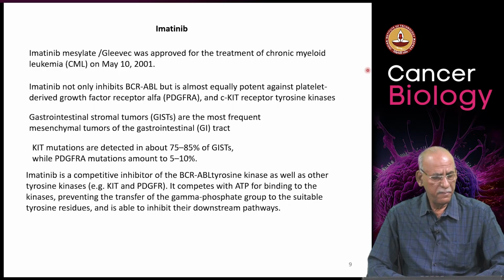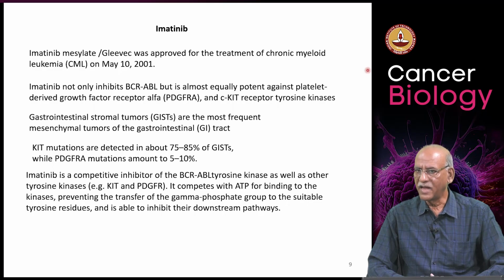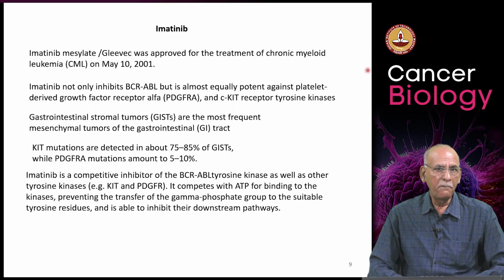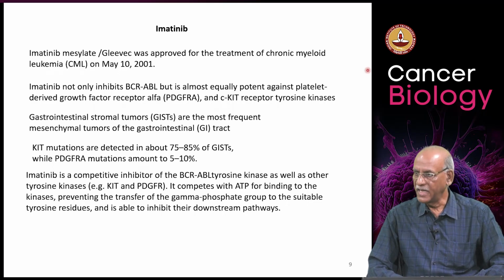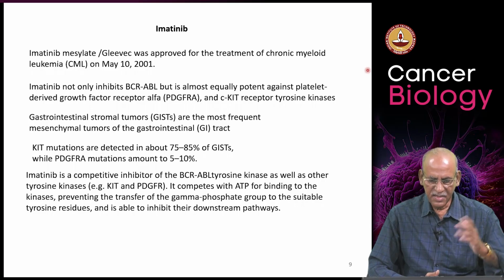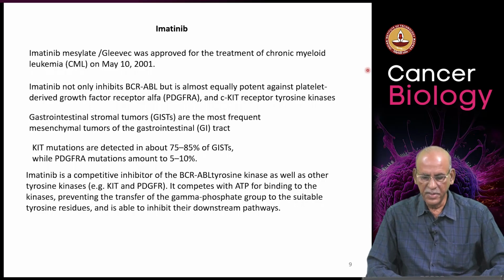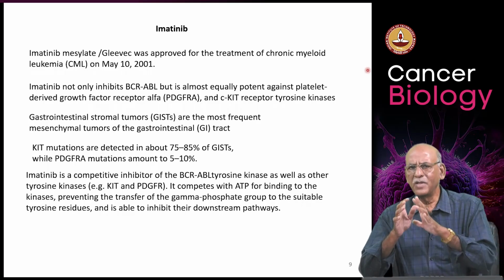Now, let us look at what this imatinib is and how it acts, what its mechanism of action is. It is a competitive inhibitor of the BCR-ABL tyrosine kinase as well as these other tyrosine kinases, KIT and PDGF receptor, because what do they have in common?